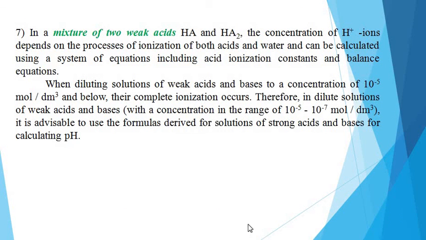And the last one: in a mixture of two weak acids with the general formulas HA and HA2, the concentration of hydrogen ions depends on the processes of ionization of both acids and water, and can be calculated using a system of equations including acid ionization constants and balance equations. When diluting solutions of weak acids and bases to a concentration of 10 to the minus 5 power mol/liter and below, their complete ionization occurs.